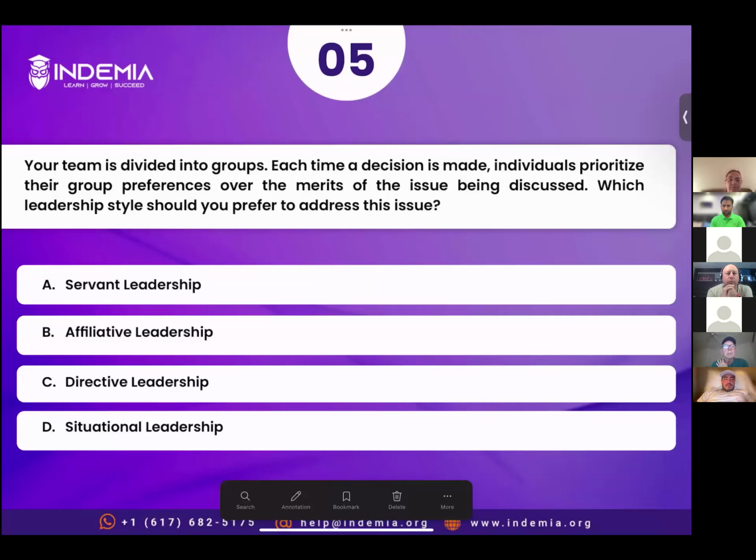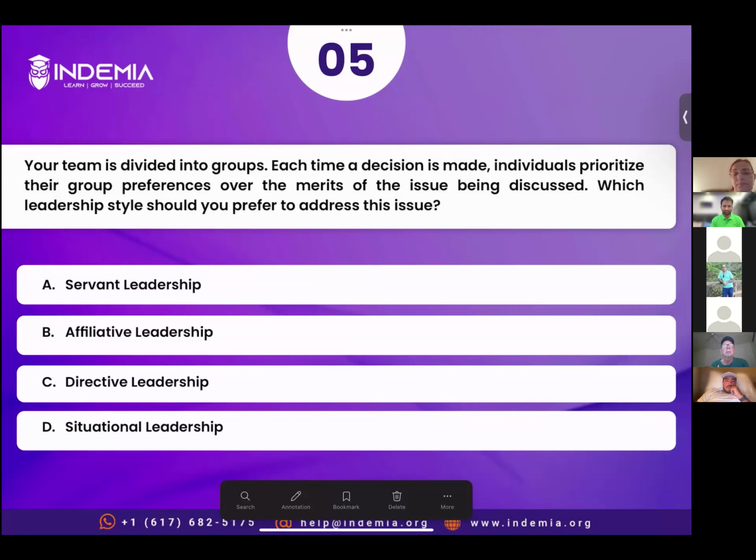All right. Vivek, you have chosen option C. Yes, Amar. So I was going through the options. Servant leadership will not help here because the team is not agreeing, and they're divided into groups as mentioned in the question.